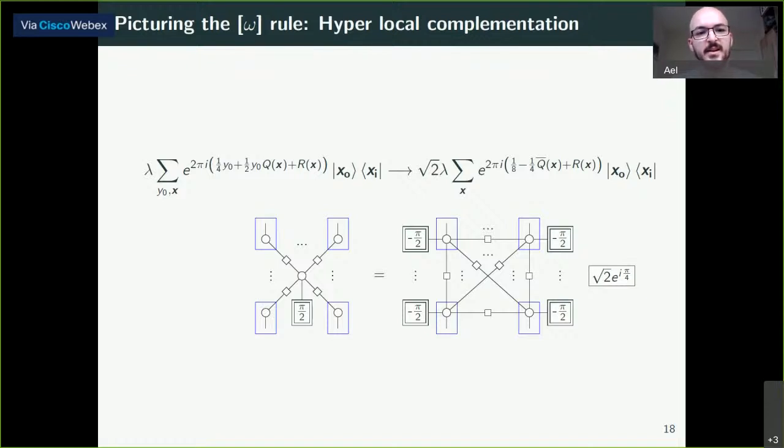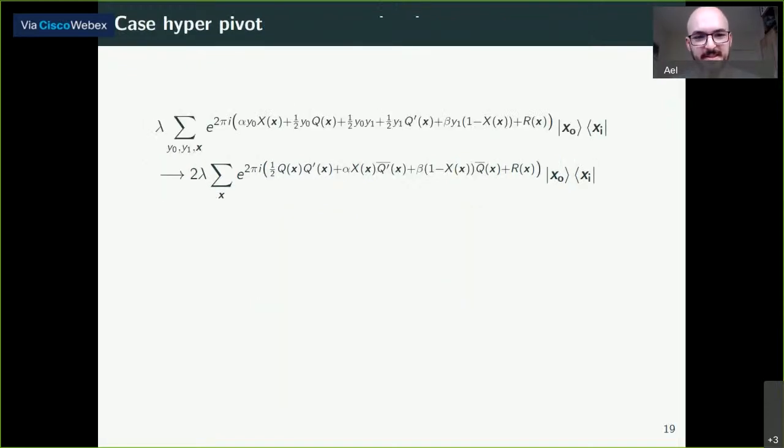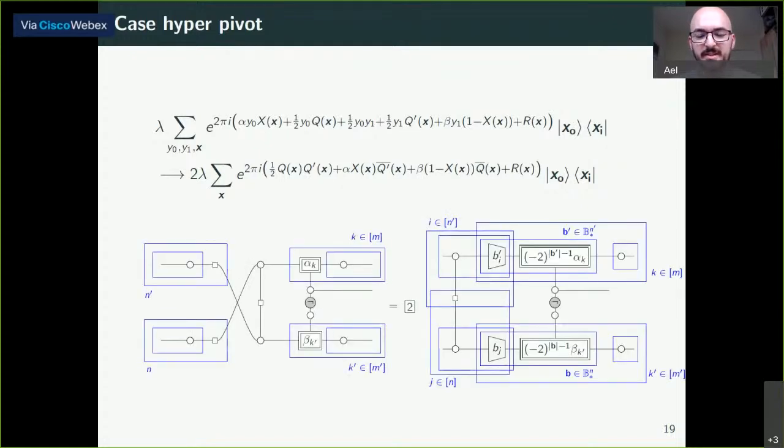And the final rule, so as I said, it's really ugly, and it's, well, I don't know. You make your choice about this one. So I find it very beautiful because I've spent quite some time to find it. But it's called the case hyperpivot because it comes from the case rule. And well, here it is.